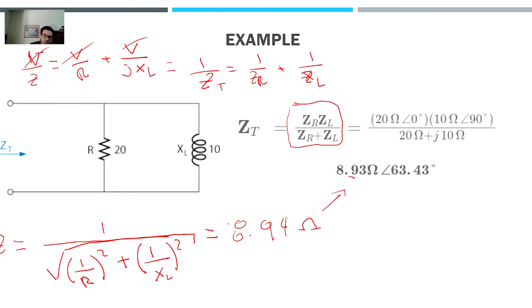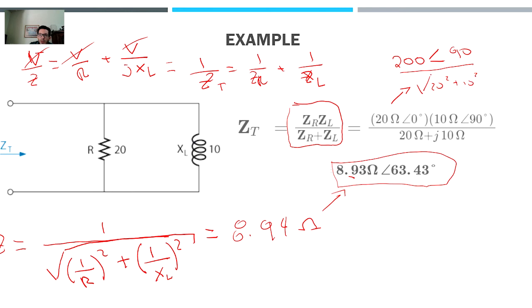This part is easy for computing the impedance magnitude, but if the question is for impedance and the phase shift, then it's just straightforward. You use this formula right here, which is nothing but 20 times 10, which is 200, at an angle of 0 plus 90, which is 90, divided by square root of 20 squared plus 10 squared.